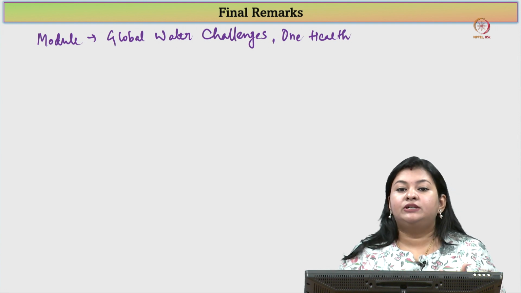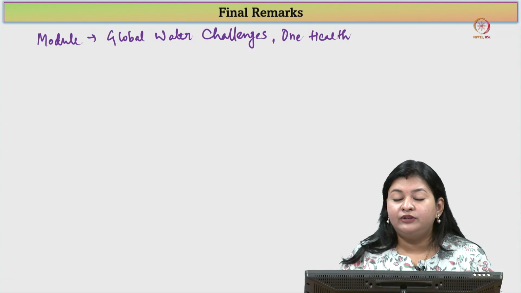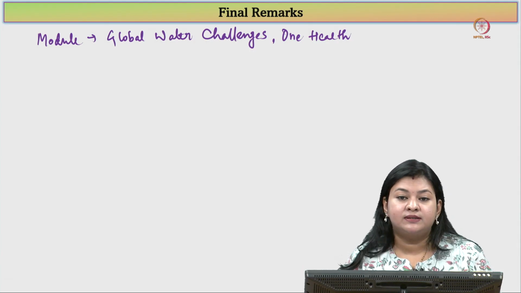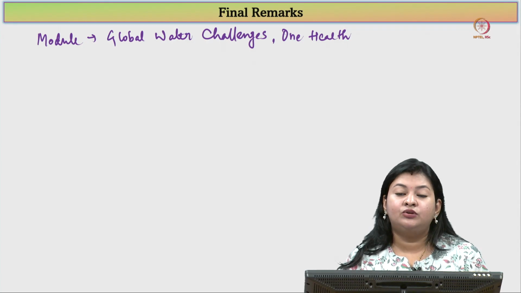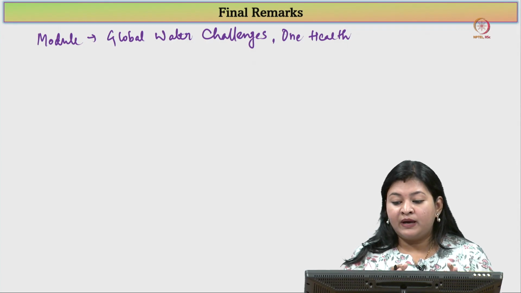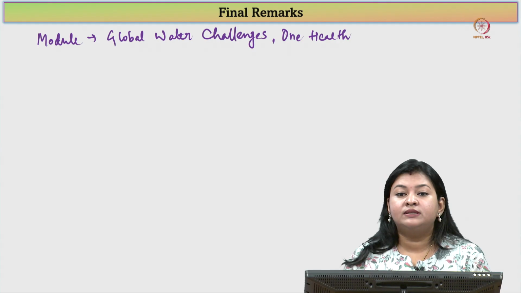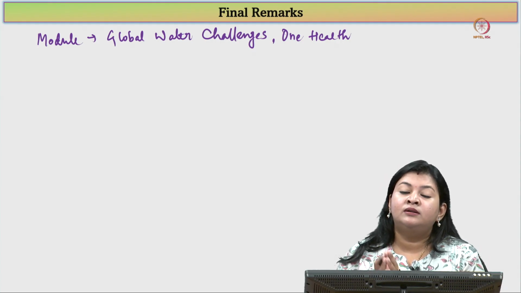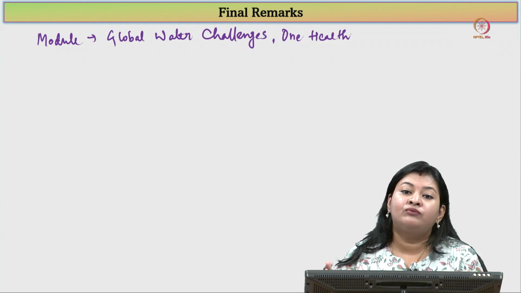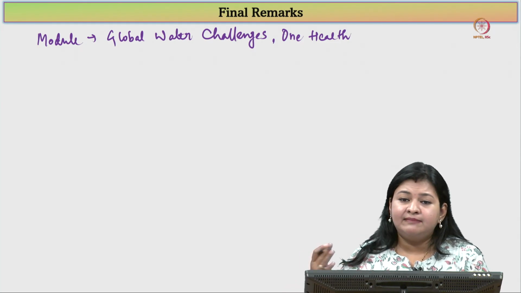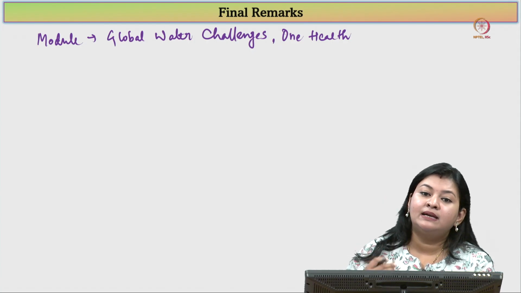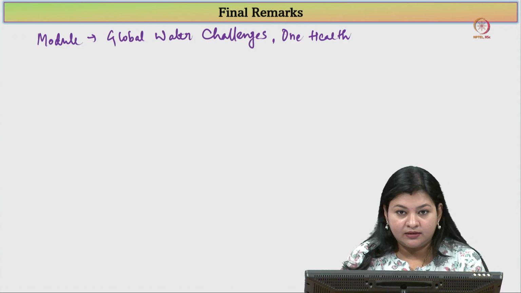So, this connection we need to be aware of. We need to be aware of how we are modifying the global water cycle, and how by modifying it, we are fundamentally changing the global geochemical cycling of elements, and that is impacting some ecosystem or other.